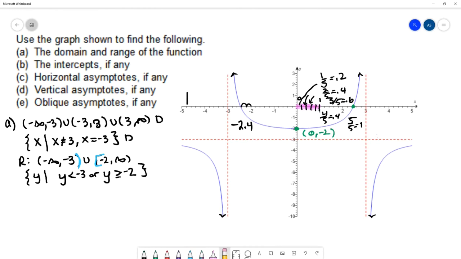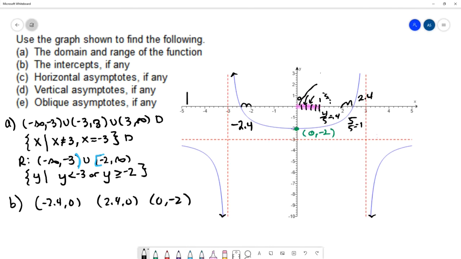And this one on the right-hand side will be 2 tick marks above. So that's going to be 2.4. So we have intercepts (-2.4, 0), (2.4, 0), and (0, -2).